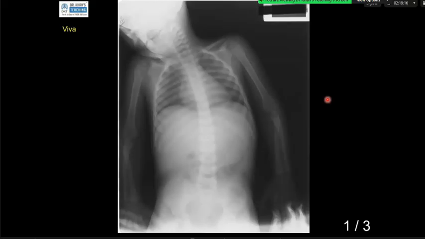I'm now checking the vertebra. In my routine practice, I will also change the window for this radiograph to see if there is any abnormality within the vertebra, which I cannot see. Second, I cannot see any abnormality within both clavicles, both humeri and the forearm bones. Regarding the abdomen, I cannot see any obvious pathology.